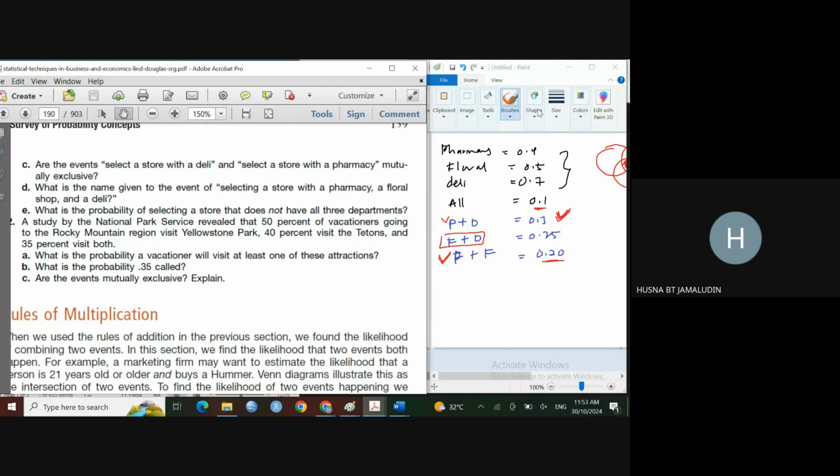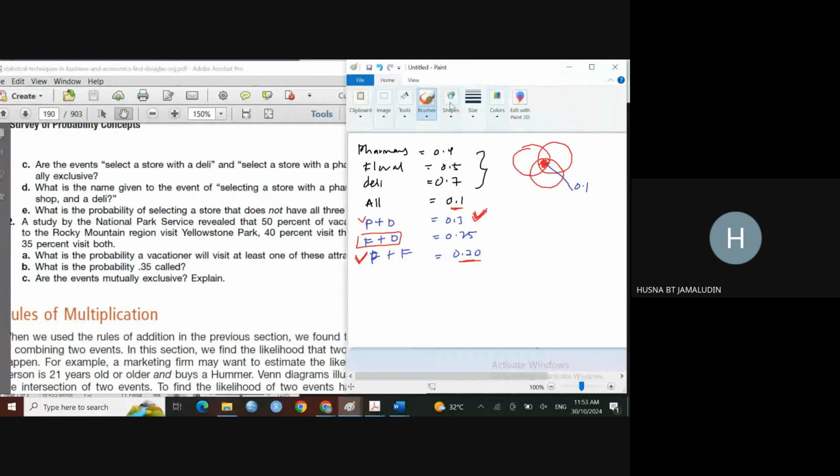But in this case, I have drawn my Venn diagram, so you can see there is actually an overlap. If you look at pharmacy and deli, they are overlapping at 30%. So, of course, they are not mutually exclusive.